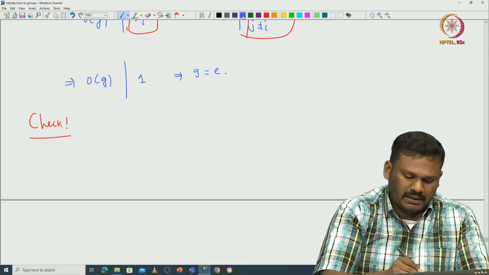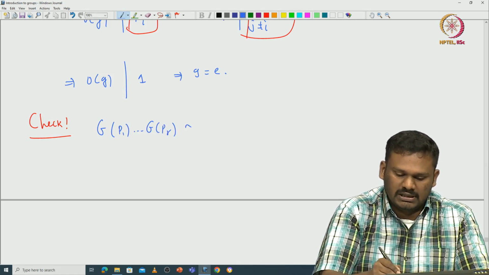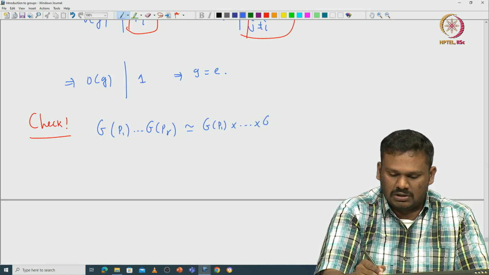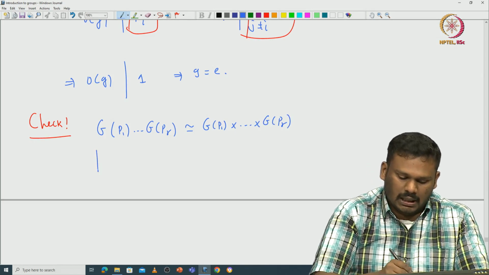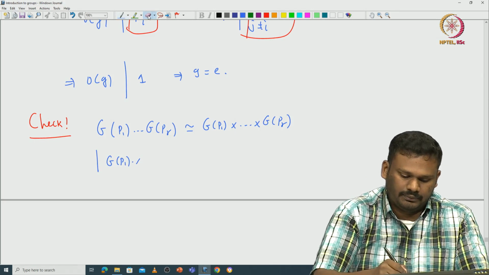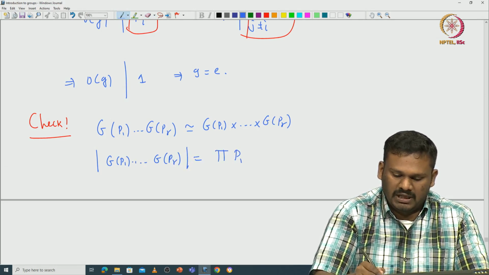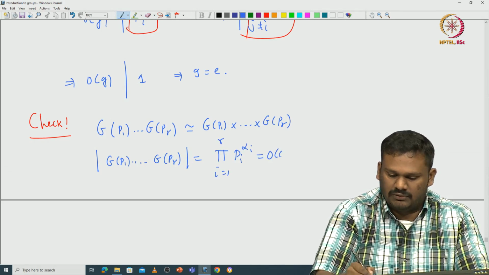You can prove that the product GP1 etcetera GPr, now I am taking the whole product, is naturally isomorphic to G of P1 cross etcetera cross G of Pr. In particular, the cardinality of this product GP1 etcetera GPr is indeed equal to the product of Pi power alpha i, i ranging from 1 to r, which is exactly the order of G.